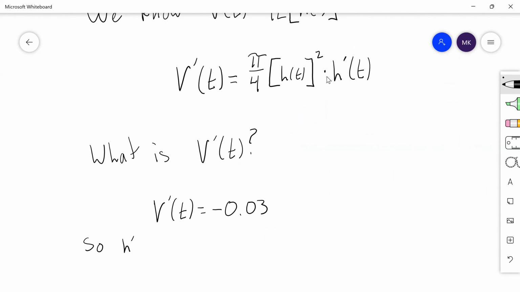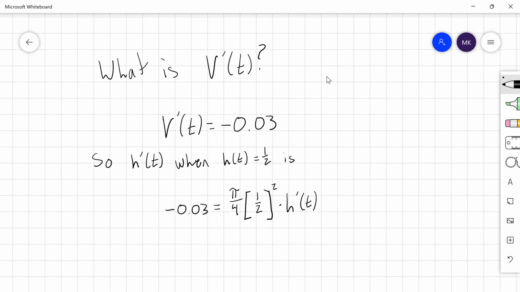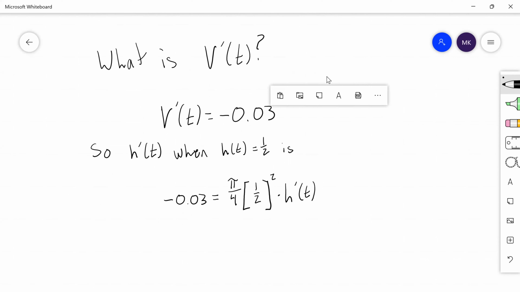So H prime of t, when H of t equals 1/2, is, well, we know V prime of t is negative 0.03, pi over 4. H of t is 1/2, so we get 1/2 squared times H prime of t. So we get negative 0.03. 1/2 squared is 1/4.